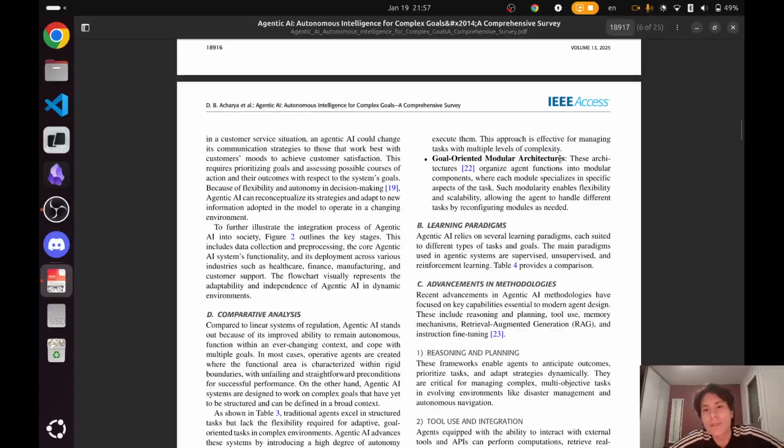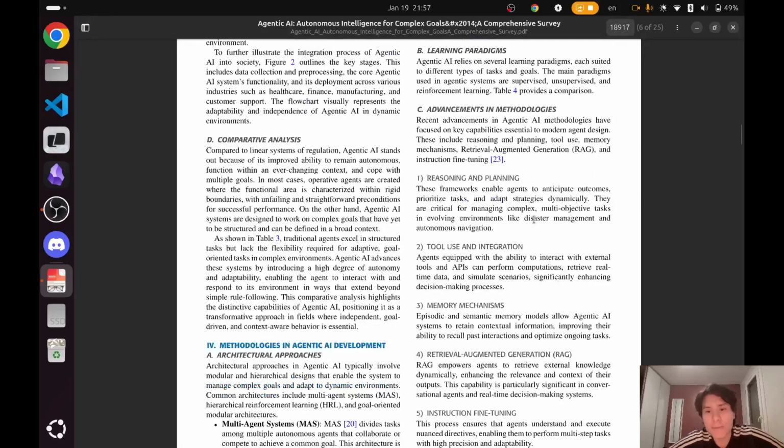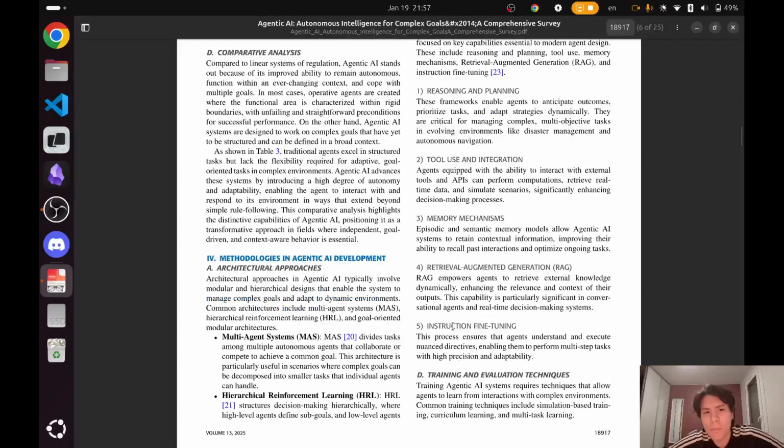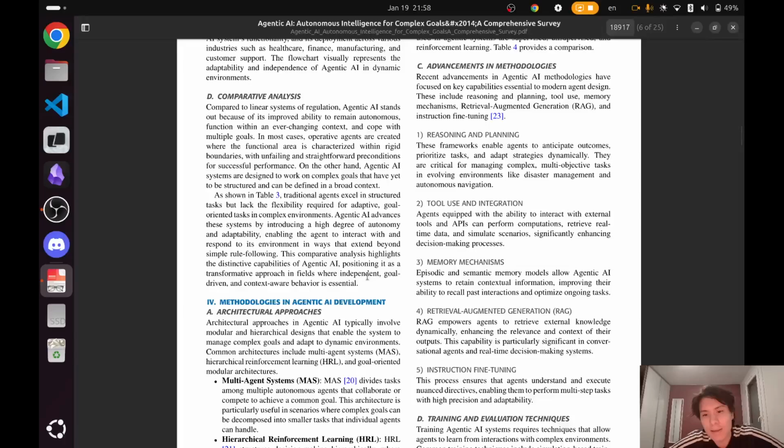Then you have the goal-oriented approach, so you make it modular and you specify some sort of goals to each agent. Then there are also the methodologies, and the first one was the architectural approach, which is a separation between the different concepts.